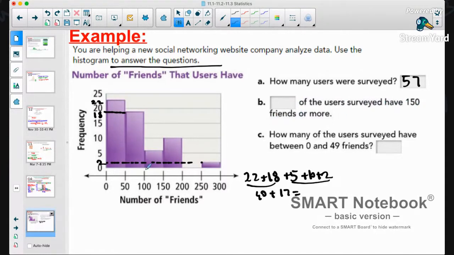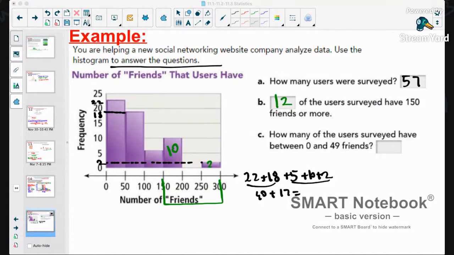Now, second part. How many of the users surveyed have 150 friends or more? To be able to understand 150 or more, you need to check this range. So this bar is 10. This bar is 2. Altogether, 12 of the users surveyed have 150 friends or more. And this is your answer.